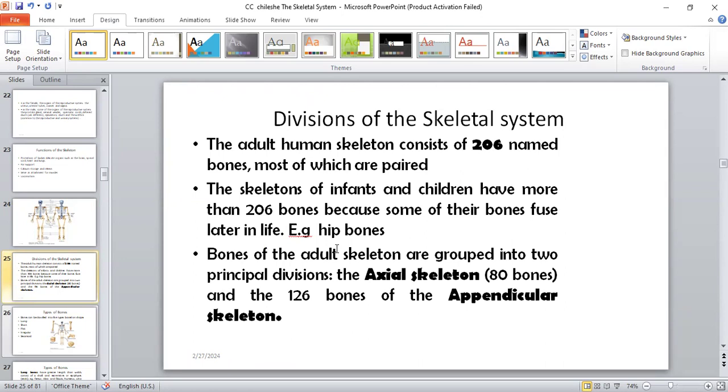Bones of the adult skeleton are grouped into two principal divisions. The axial skeleton has 80 bones, starting from the skull to the vertebral column to the rib cage. Then we have the appendicular skeleton, which has 126 bones.